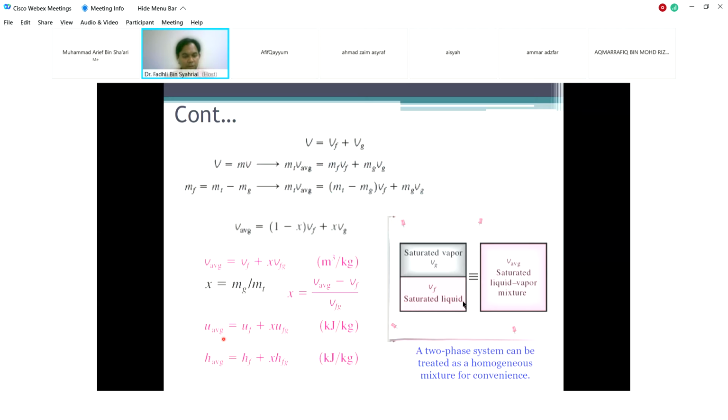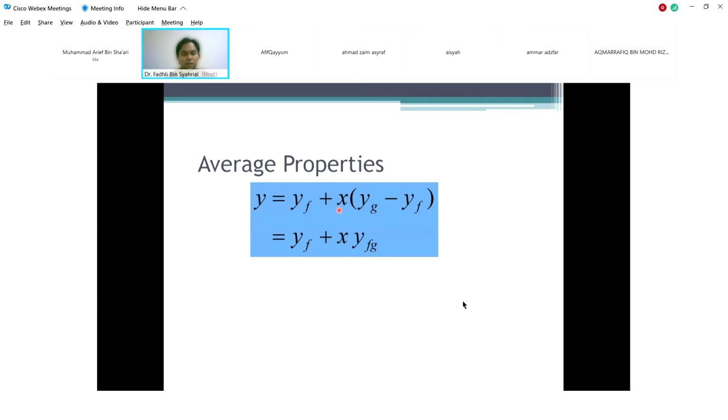If you can't remember the other equations, you just have to remember this: Y equal to Yf plus X Yfg. After that, if you are asked to find internal energy, just change Y into U: U equal to Uf plus X Ufg. If you are asked to find the value of enthalpy H, then change Y to H: H equal to Hf plus X Hfg. As simple as that.